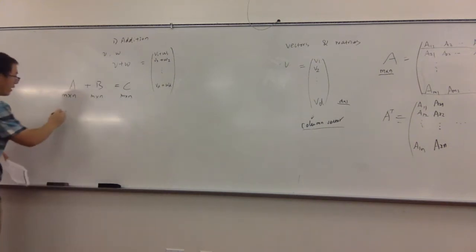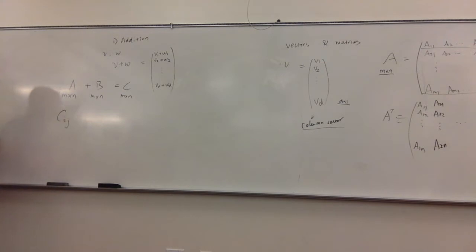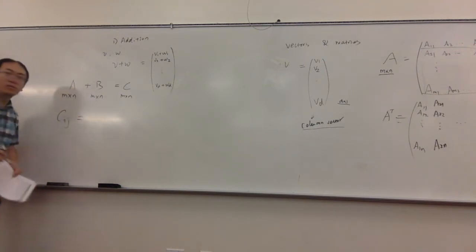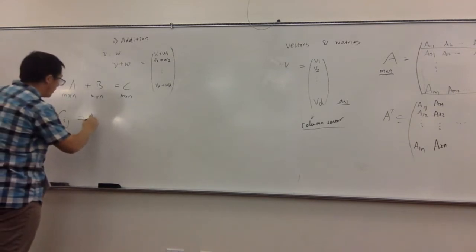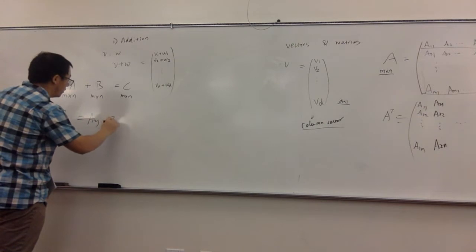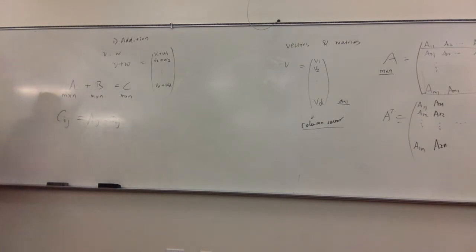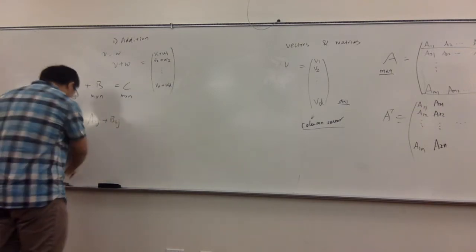And each element in C, denoted Cij, is equal to Aij plus Bij. So it's a very straightforward extension from scalar addition. So this is addition.